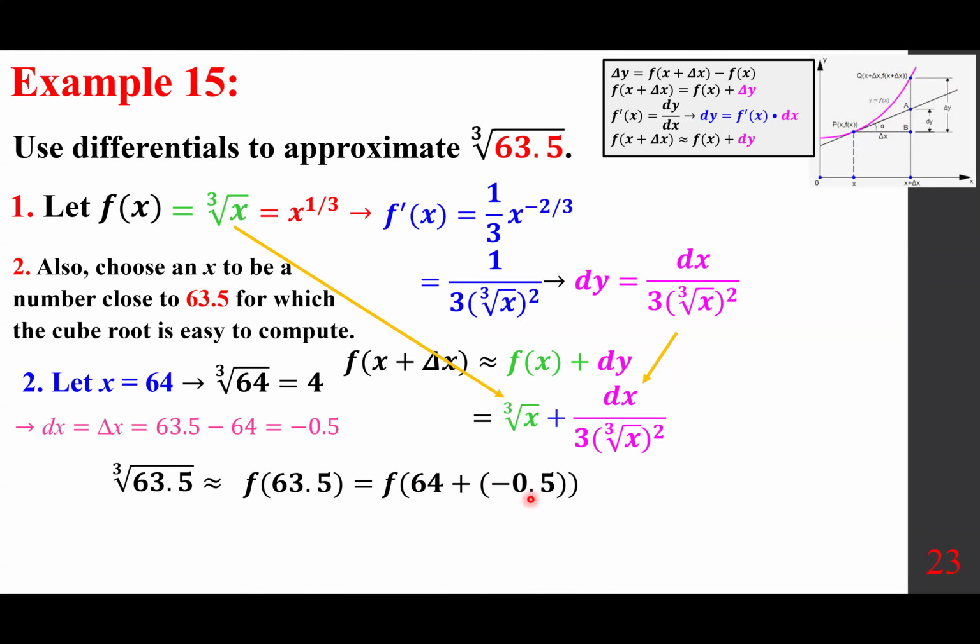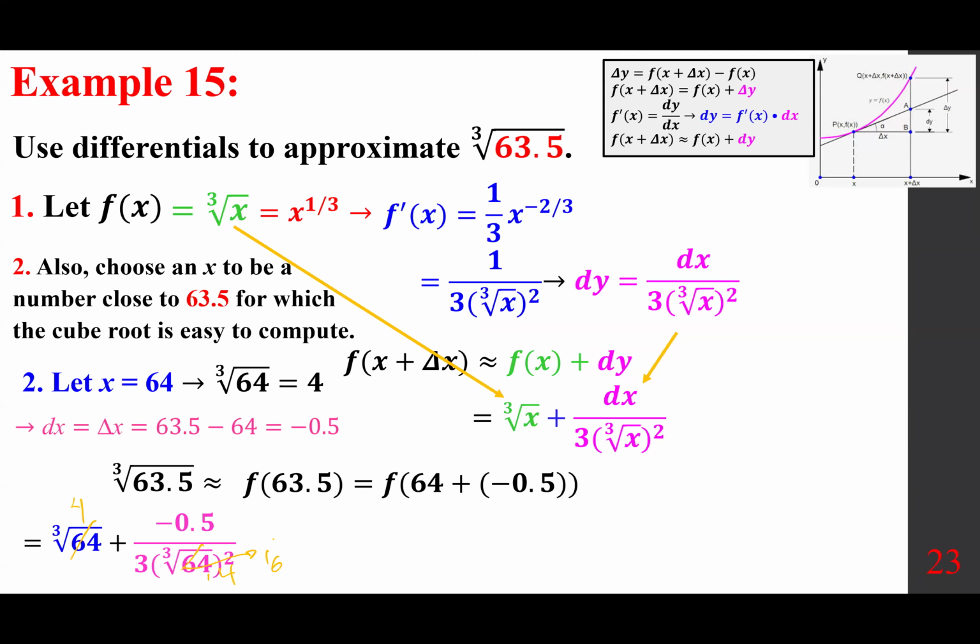Dx or delta x is negative 0.5. So replace the x, replace the dx. As you do so, obviously this is 4. And so is this one. When you square it, you get 16. So this is 16, everybody.